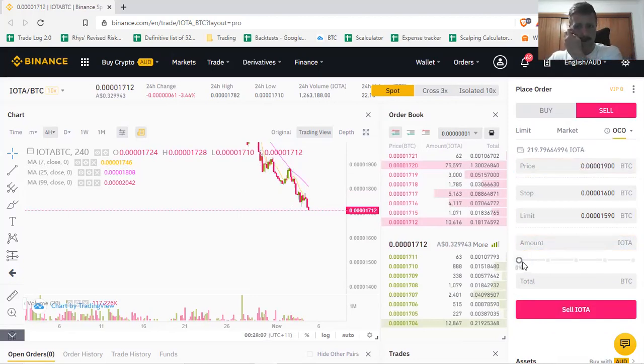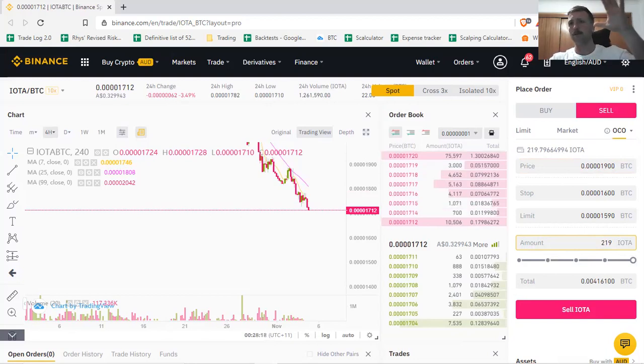Again, for 100% of my IOTA, I want completely out of this trade. What this is now saying is, if price comes up to 1900, I will sell it all. I'll take my profit, and my stop loss will be cancelled because one cancels the other. Same in reverse. If price comes down, my stop loss will be activated, and my take profit will be cancelled because one cancels the other.